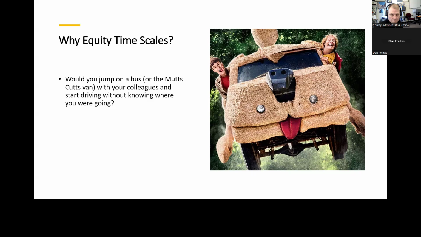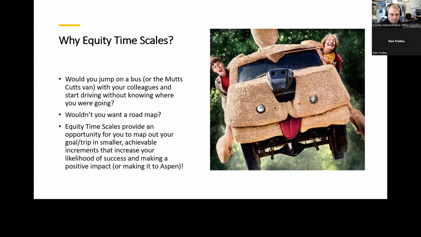Making a roadmap will give us a hand. Equity timescales provide the opportunity to map out your goal and your trip in smaller, achievable increments. Doing that increases your likelihood of success and of making a more positive impact.